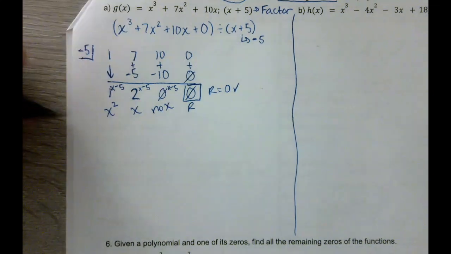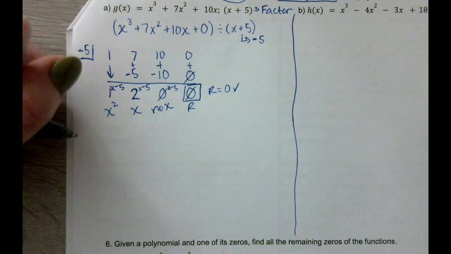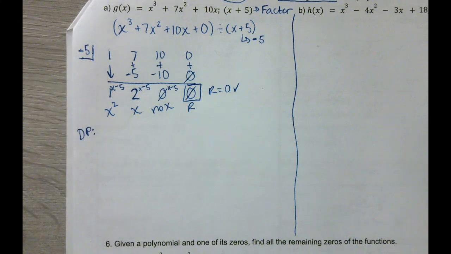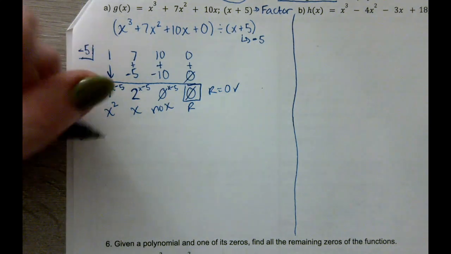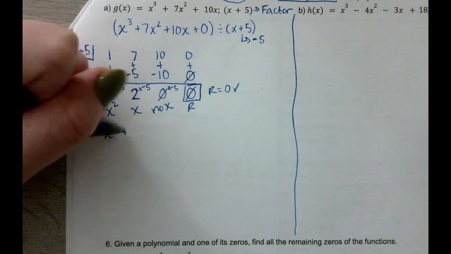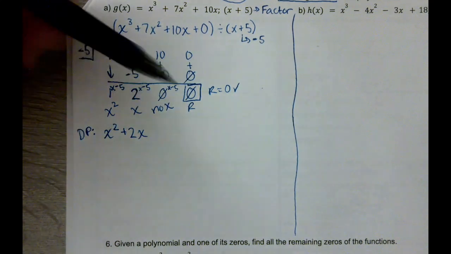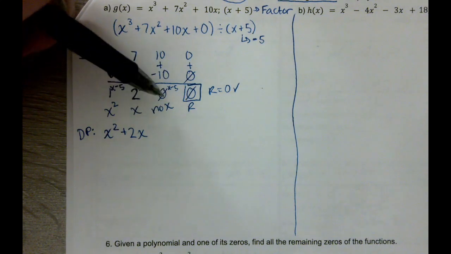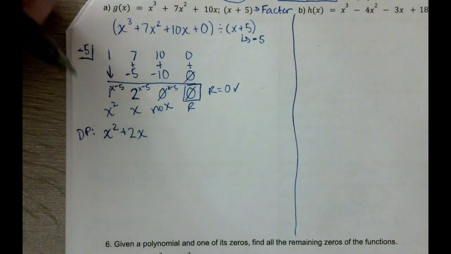From here, we set up the depressed polynomial, the DP. We have 1x squared, or just x squared, plus 2x. And then we have no x and it's a 0. So I'm actually going to leave it out.